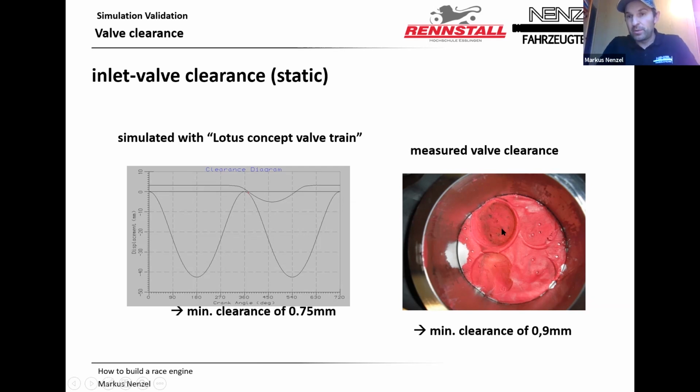Therefore, I build up the engine with these simulated components, put in some plasticine, and then turn it with a wrench by hand, and you can see, okay, the clearance is 0.9, the simulation is 0.75, it's on the right side, everything is safe, and it confirms the simulation. It's quite simple, but it's quite important.